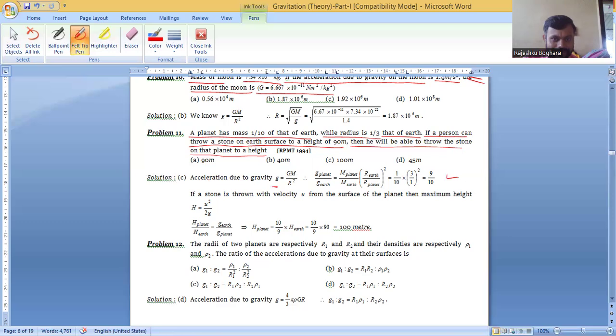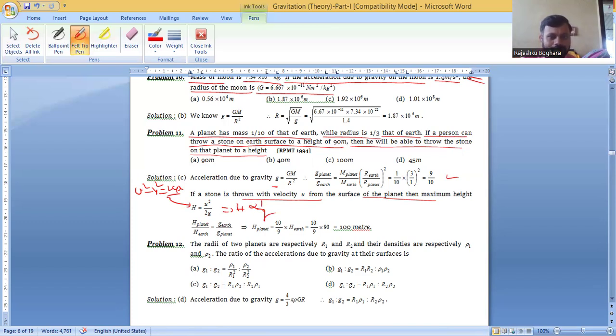Then here, if the stone is thrown with velocity u on the surface of the planet, the maximum height is u square by 2g. From v square minus u square equal to 2ax, here we take h equal to u square by 2g. Then h is proportional to 1/g. So h planet upon h Earth equals g Earth upon g planet.